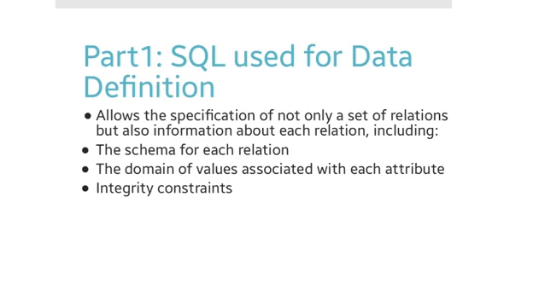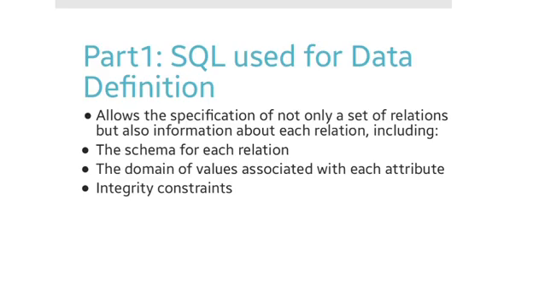Data definition means defining the structure of a database before storing data. In SQL, this is done using DDL, that is Data Definition Language commands. This part explains that SQL not only stores data but also defines how data should be organized. There are three important concepts here.